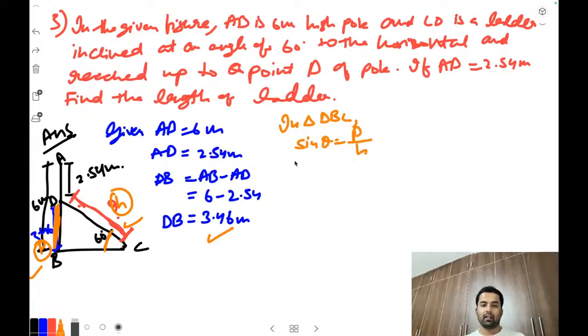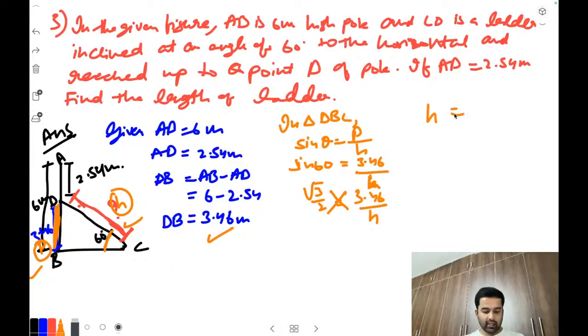P by H. Sine 60 equal to P value, which is 3.46, divided by H. Sine 60 will be root 3 by 2, equal to 3.46 by H. Next, cross multiply. After that, let me write the answer directly. You will get 4 meter as the answer.